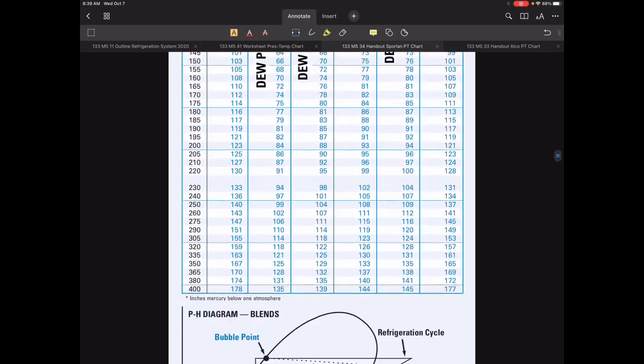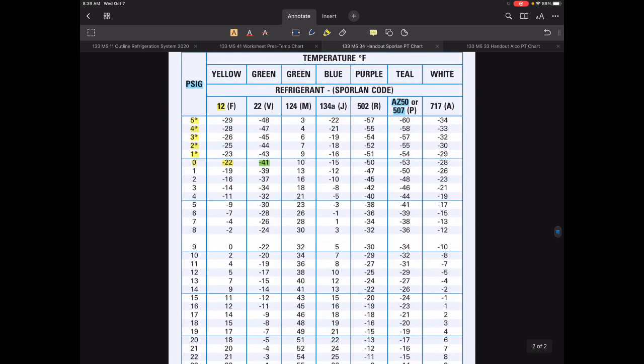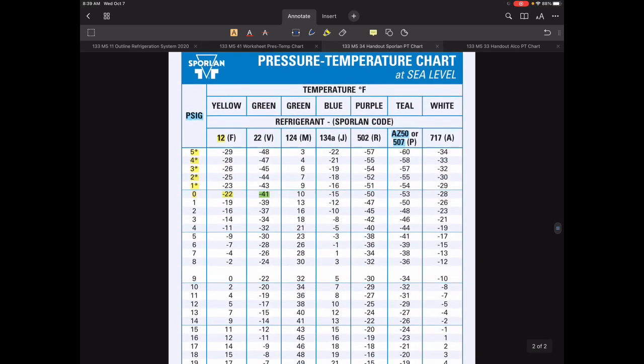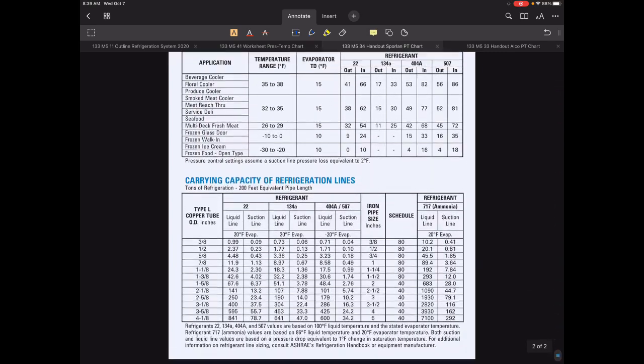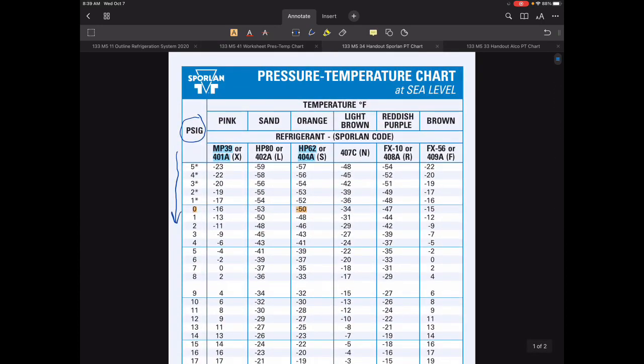So let's go down to the next one, and this 410A, you'll notice doesn't appear to be on this chart. Now let's take a look at the top in case that was the case. So they have 409A, they have 408A, and several others.